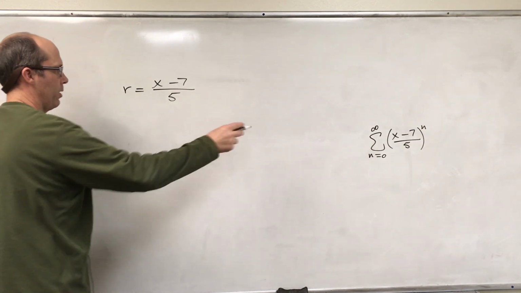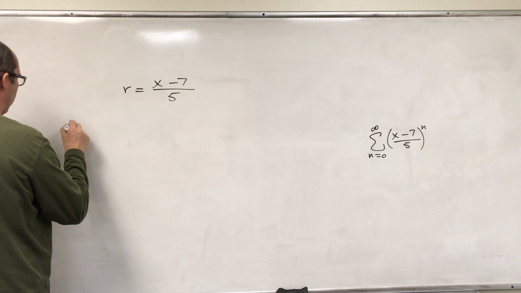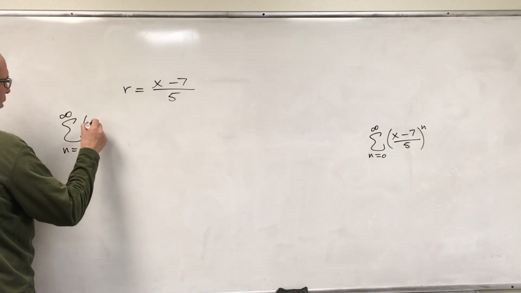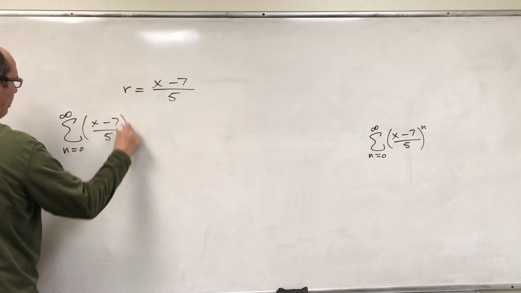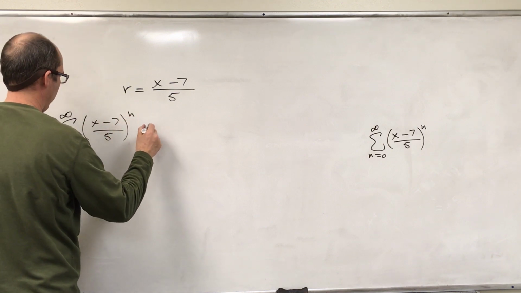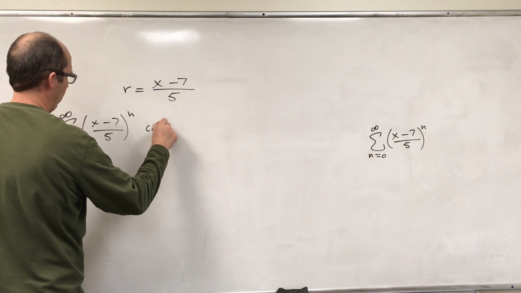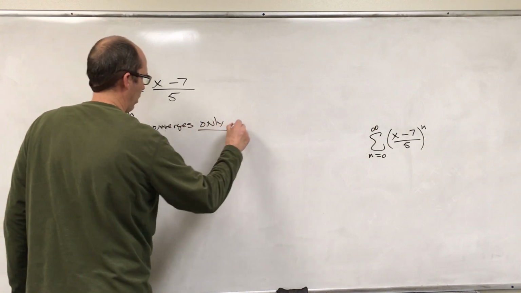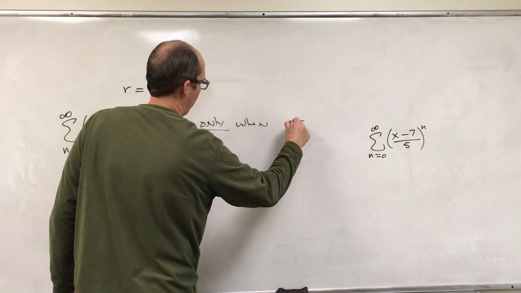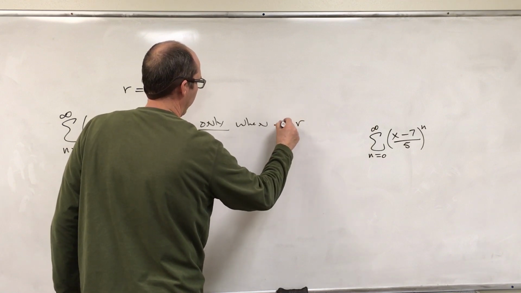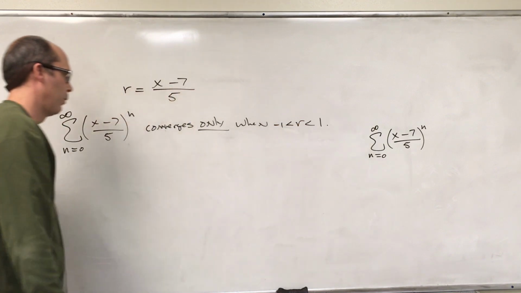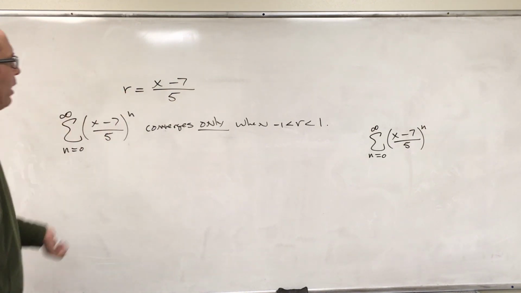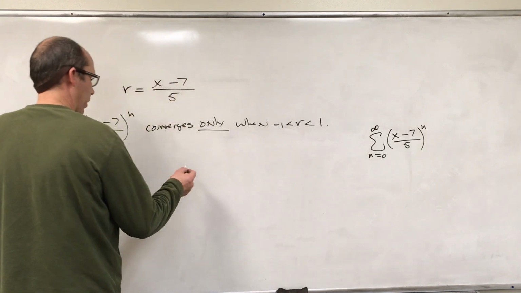And we know that this guy converges only when r is between -1 and 1. So now the question is, when is r equals x minus 7 over 5 between -1 and 1?